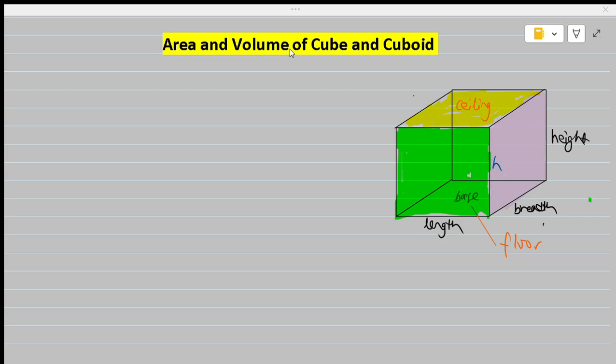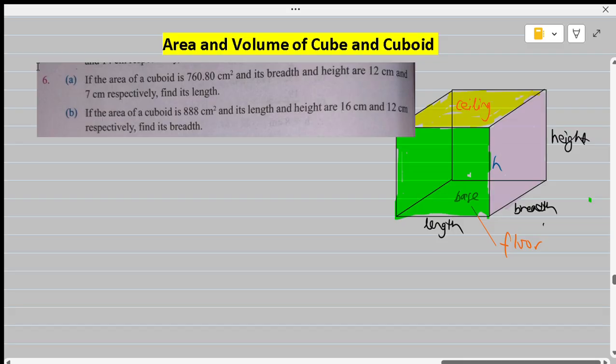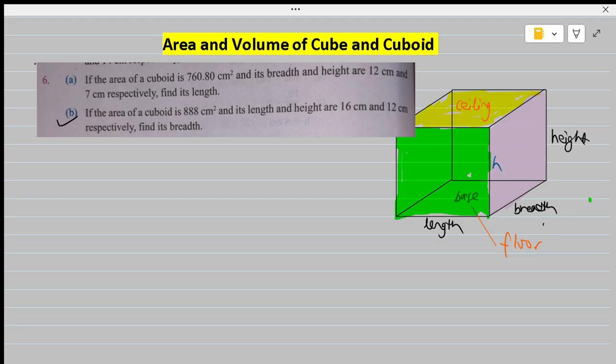Okay, so let's see what's there in 6. Very similar number you have in 6. I'm going to number B.